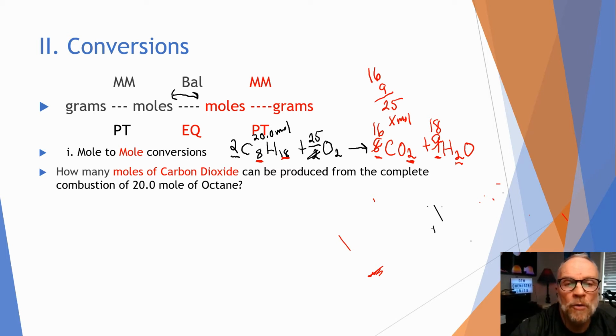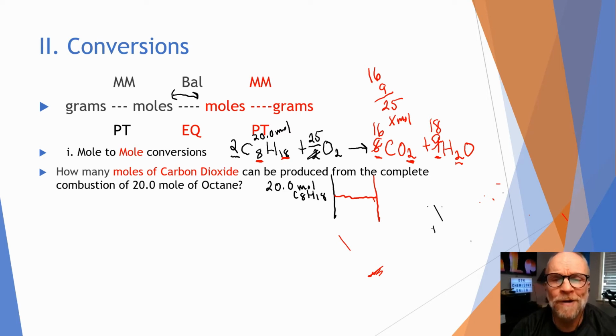So let's write down our 20 moles of octane, and we're going to have one conversion. We're going to change one chemical to the other. I'm trying to color code this for you to make it a little easier to see. So we have just one conversion.